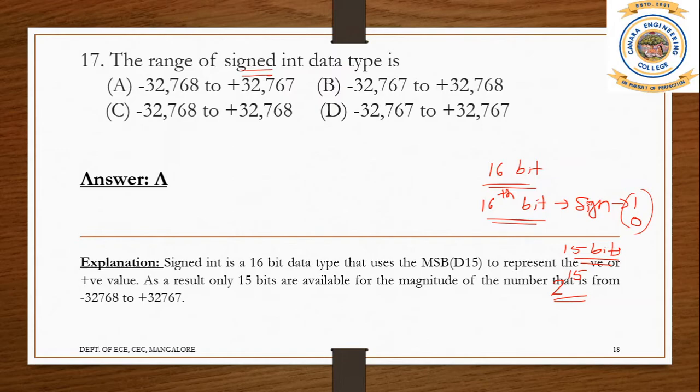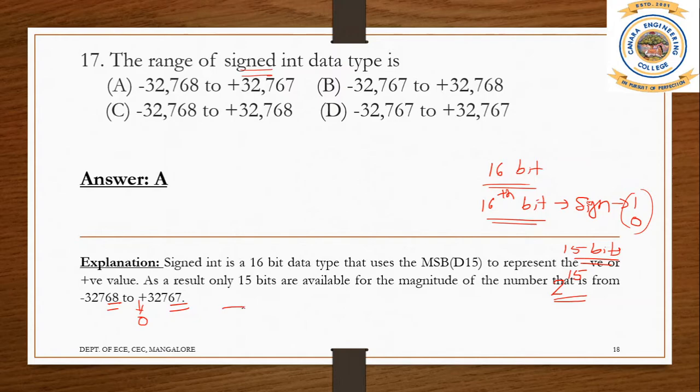Now you have both positive and negative values, so you have to distribute that total value between negative numbers and positive numbers. So I start from minus 32,768. Then I get 0 in between. So you can see here, this is 68 on the negative side, but here I have only till 67. That is because in between I have 0.